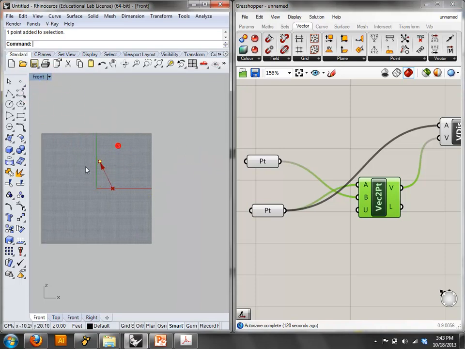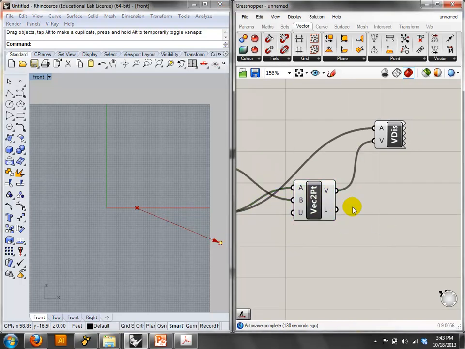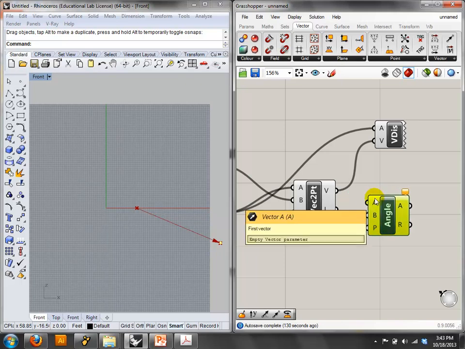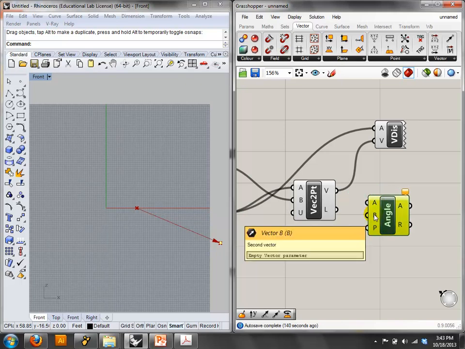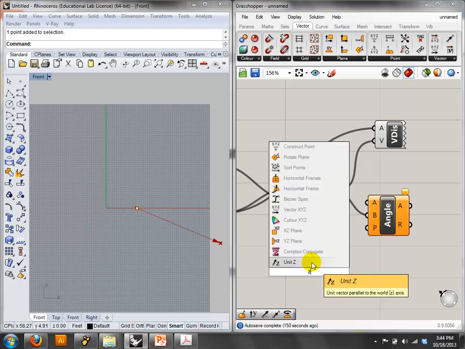But you'll note, it's parametric. So if I move it around, it's going to be pointing differently. And if I have that, I can take a first vector and a second vector and find the angle between them. Okay, and the base vector could just be the z-plane.